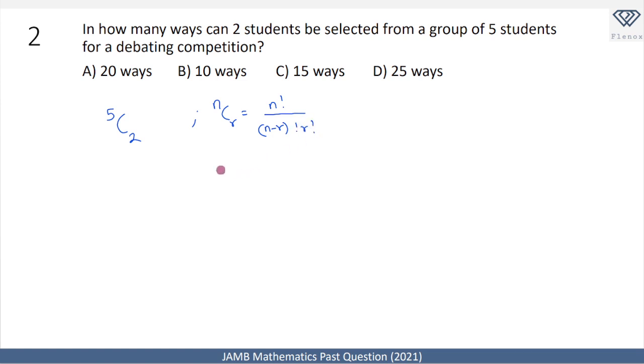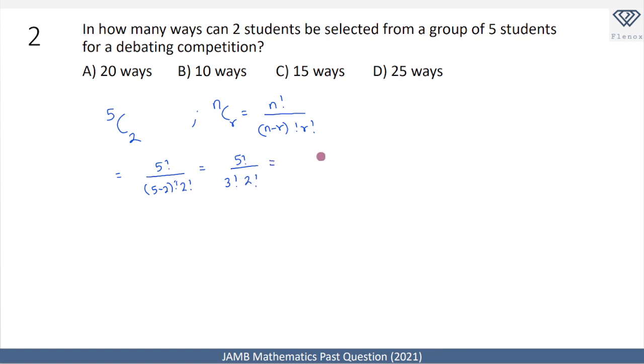So we just apply that to this, where we have 5 combination 2, and that's just going to be 5 factorial over 5 minus 2 factorial, then 2 factorial, which is 5 factorial over 3 factorial, because 5 minus 2 is 3, then 2 factorial.